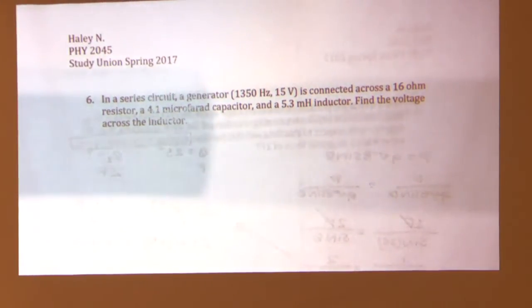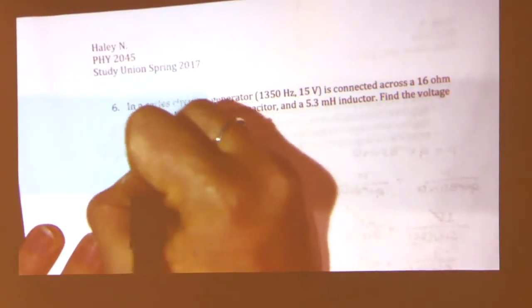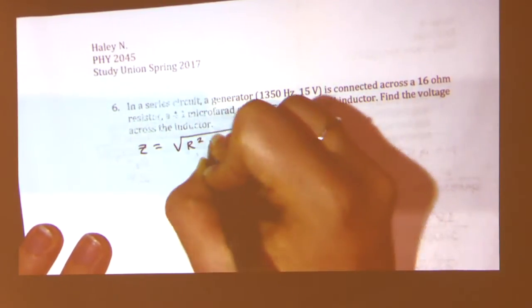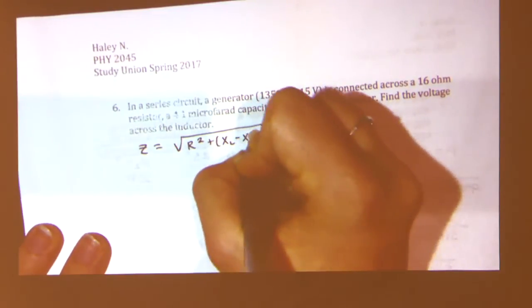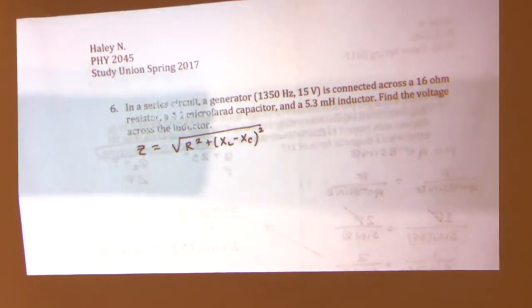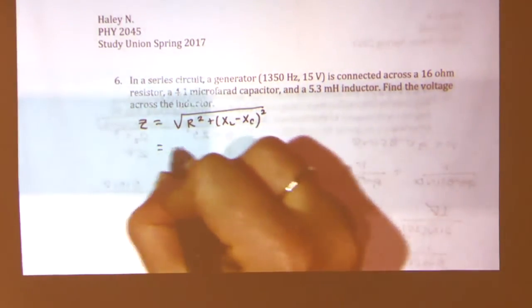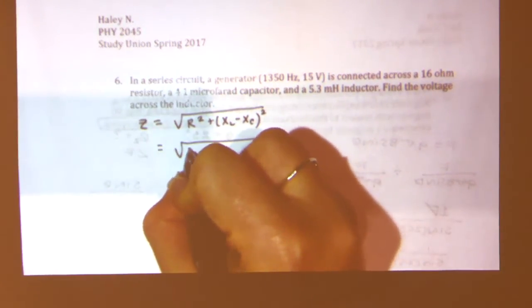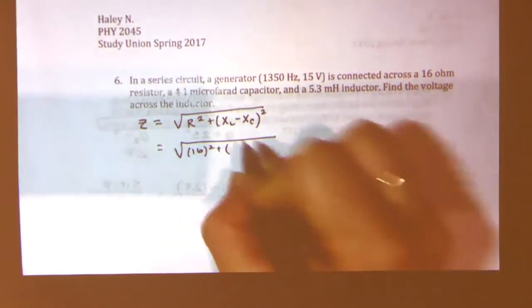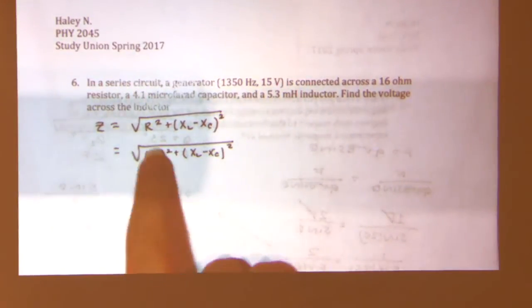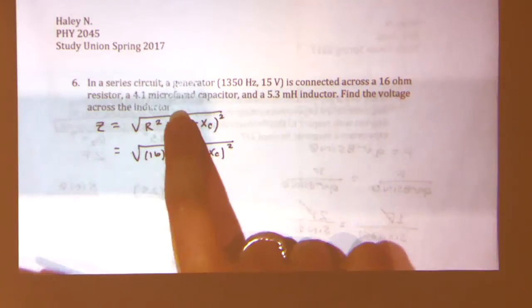So first thing we want to do is solve for the impedance. We know the impedance is equal to the square root of R squared plus (XL minus XC) squared. In this case, we have all of the elements. We can't just plug in 0 for any of these. I don't have the actual answer for this one, so we'll have 16 squared plus (XL minus XC) squared. Remember, we don't have XL and XC. We have the capacitance and the inductance.